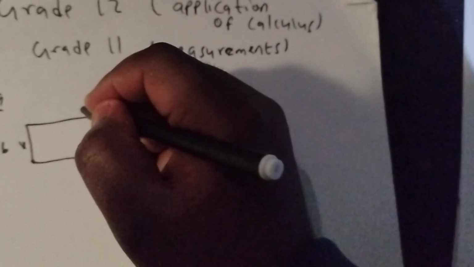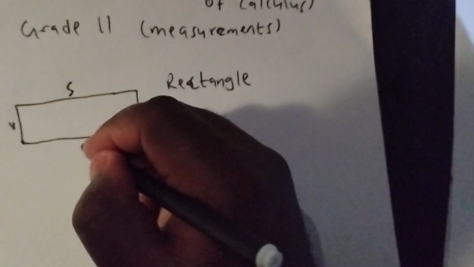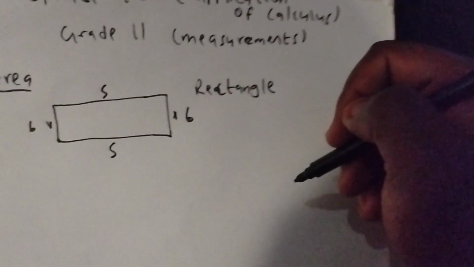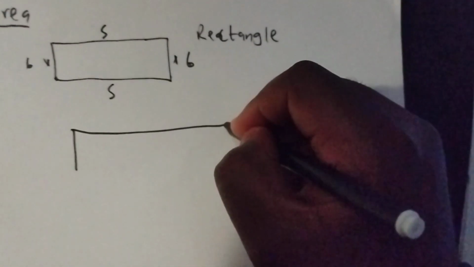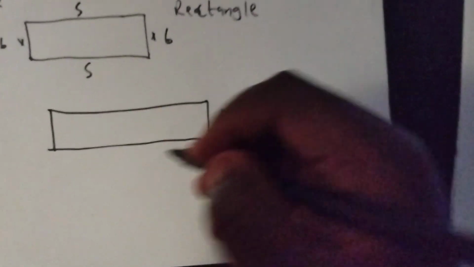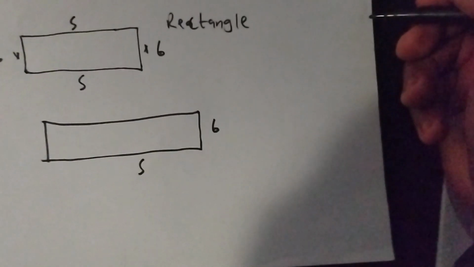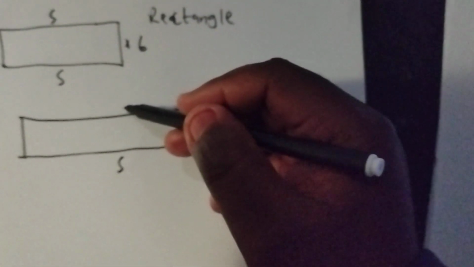The other side, let's give it a length of 5. So this length must also be 5, because opposite sides of a rectangle must be equal to each other. In an exam, they can just give you a rectangle, put 6 there and 5 there, and you know that this side is supposed to be 6 as well.